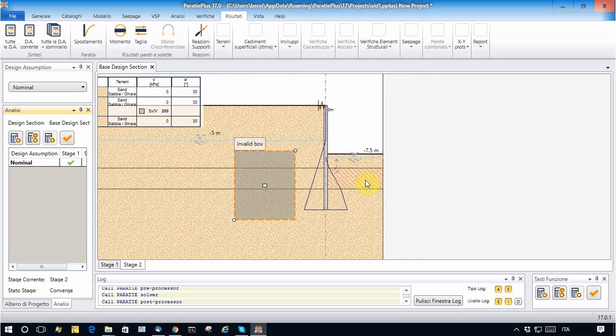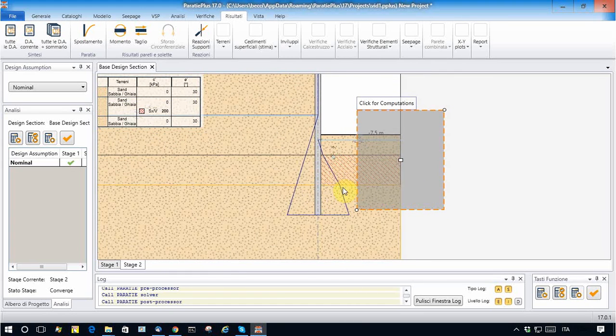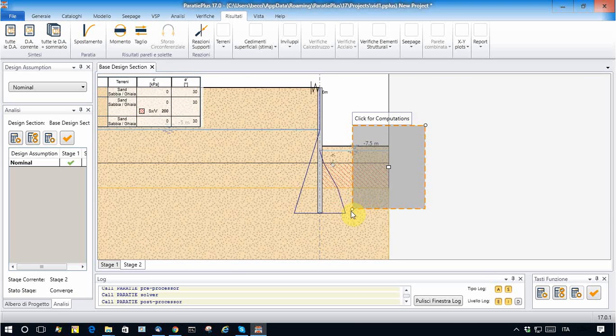and now the pressures come like this. Again, we see that all the head loss occurs across this soil plug. But now we take the piping inspector as before, and we click for computation.